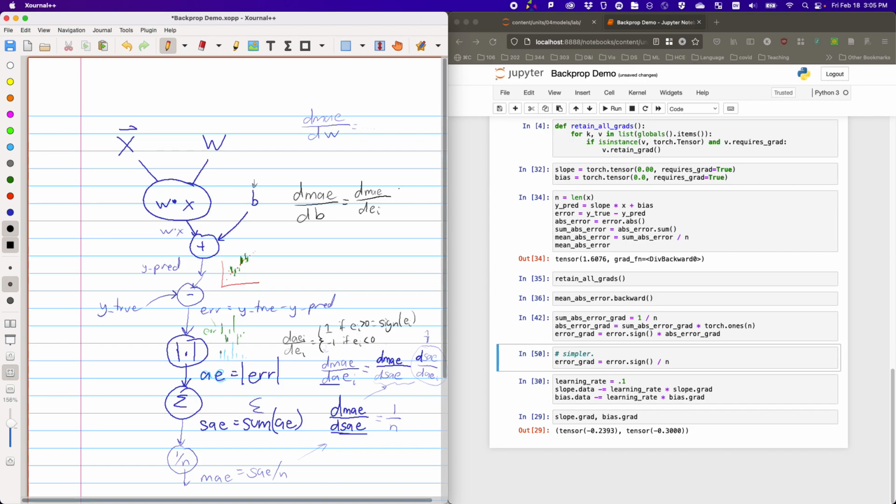And then all we're going to need to do is figure out what's the sensitivity of the error as we change the bias. And, well, to get to that, we're almost there. All we need to do is backpropagate through this minus. So we're almost at the bias that we want. We just need to keep going here.